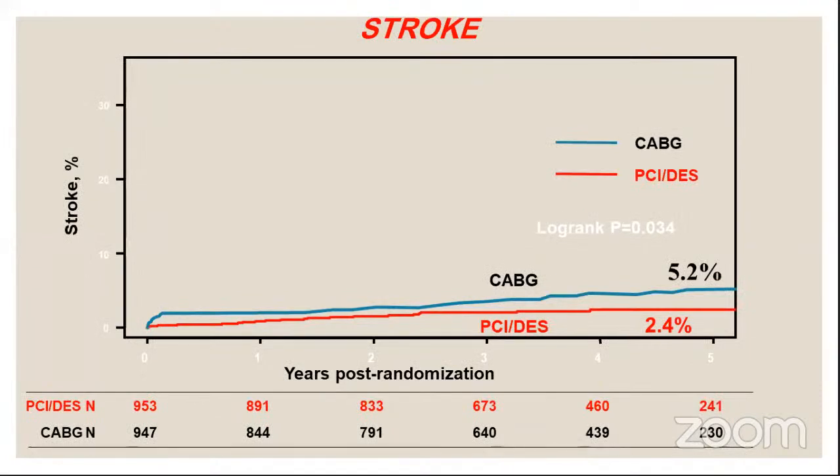Comparing the two groups regarding stroke, we have a slightly higher rate in patients who underwent CABG, with a rate of 5.2% at the end of the 5 years follow-up, and people who have been treated with PCI have a rate of developing stroke of 2.4%.